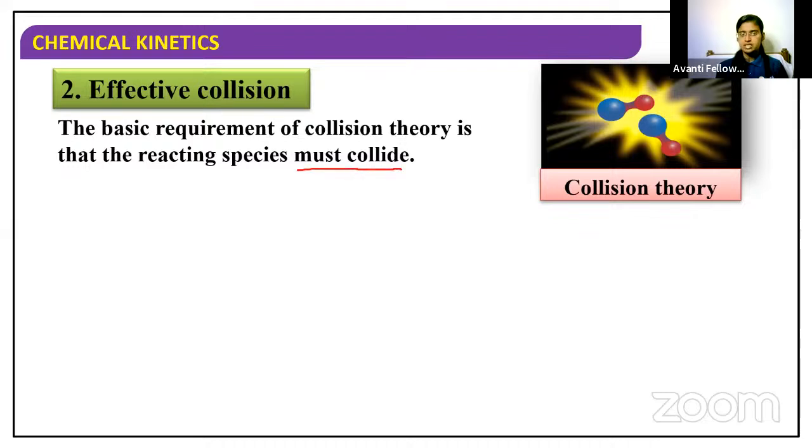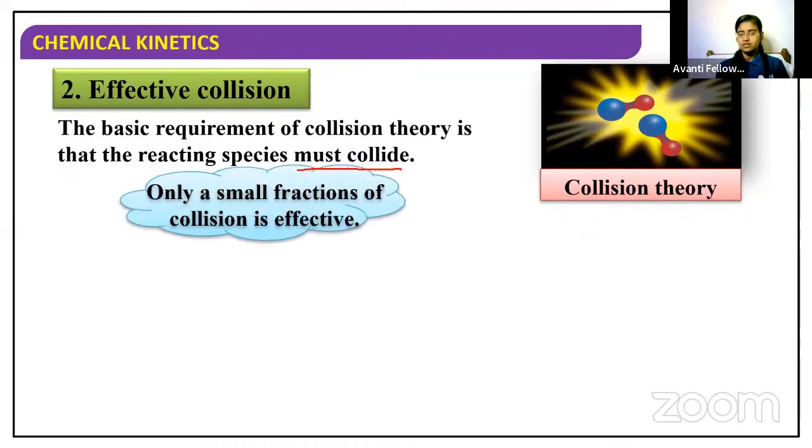If a reaction has to happen, then the two molecules must collide with each other. And in the last collision frequency concept, we discussed that only a very small fraction of collisions is effective, and we call that an effective collision.